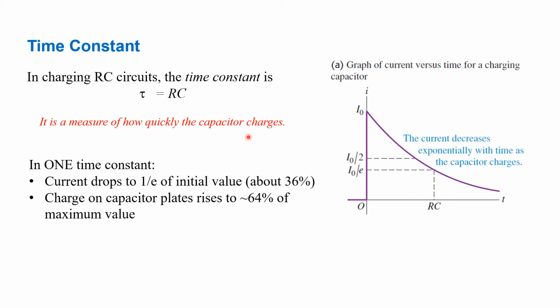In one time constant, the current drops to 1 over e of its initial value, about 36%, and the charge on the capacitor plates rises to around 64% of the maximum value. So your time constant tau measures how quickly the capacitor charges, and that's just equal to R times C.